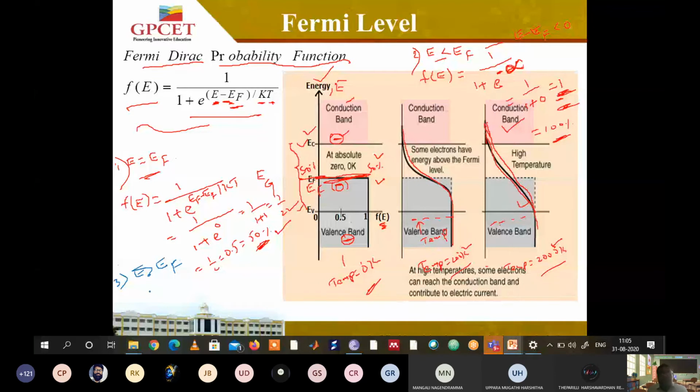Now tell me, if E is greater than EF, what will be the answer?